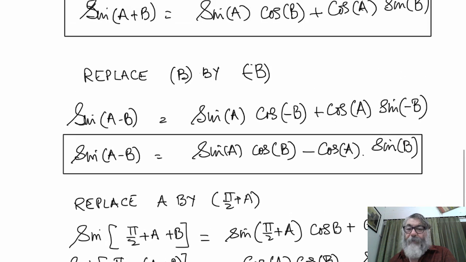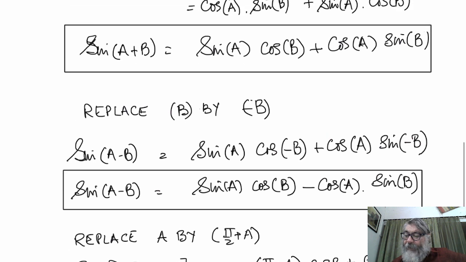Sin A minus B is sin A cos B. Whenever sin is there, then combination is sin cos cos sin in both the formulas. If you see sin A plus B, it is giving us sin A cos B plus cos A sin B. Whatever is the sign on the left hand side, on the right hand side the sign will be same. If it is plus here, then it is plus on the other side also.